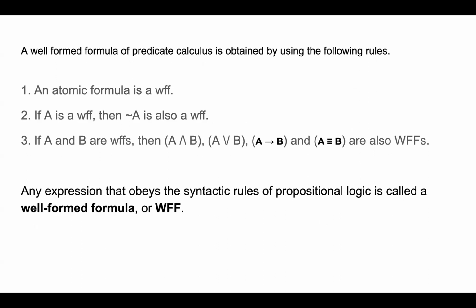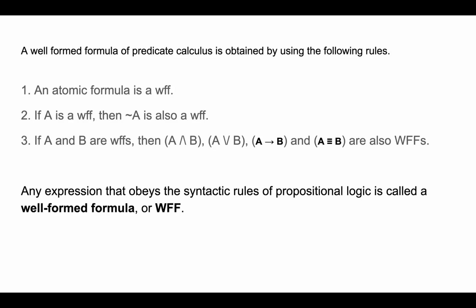P(x, y), where P is a predicate, or an atomic formula, or we can call it a proposition. That is a well-formed formula. For example, we can take P and Q, P or Q, P biconditional Q, P implies Q. Examples like these are atomic formulas, and those are well-formed formulas.